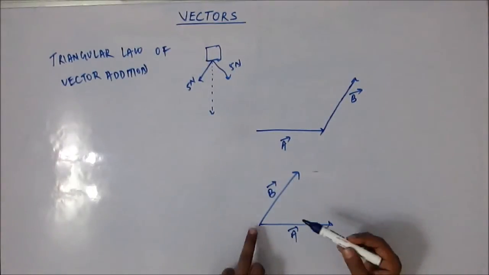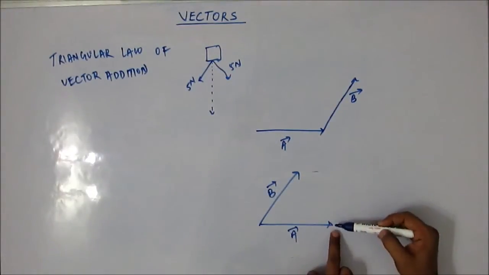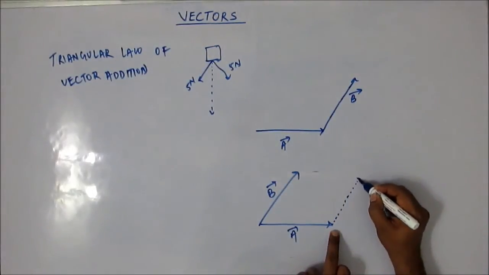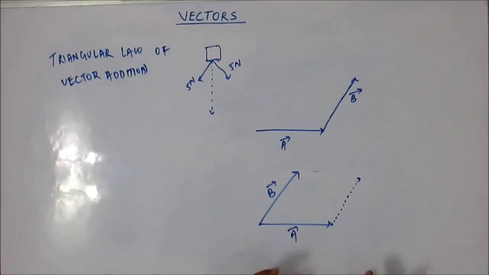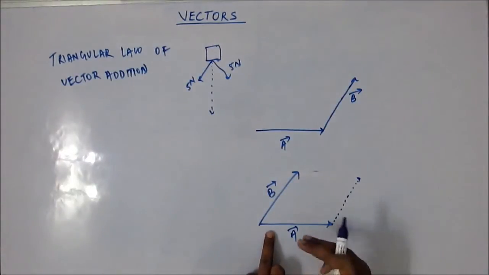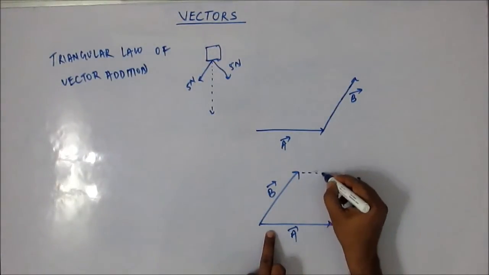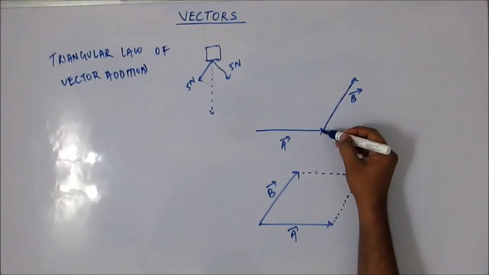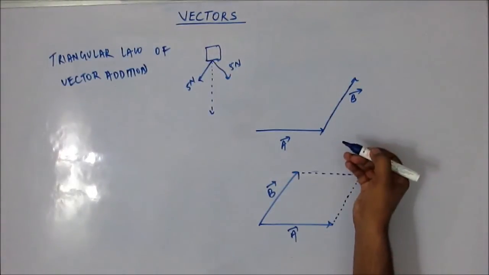Either you bring the tail of B vector to the head of A vector like this, we have shifted B vector, or we bring the tail of A vector to the head of B vector like this. Either way, but we have to bring both the vectors head to tail. The head of one should coincide with the tail of the other.